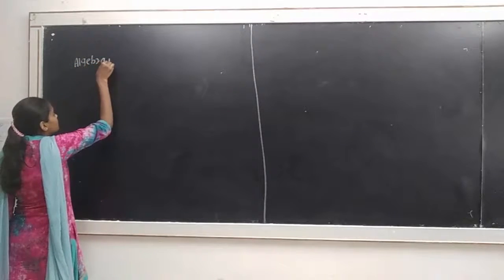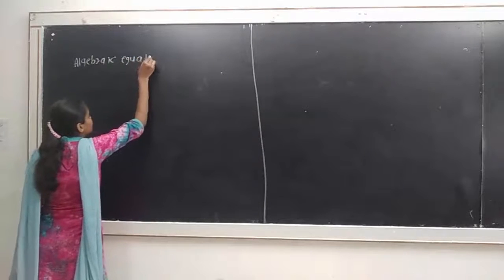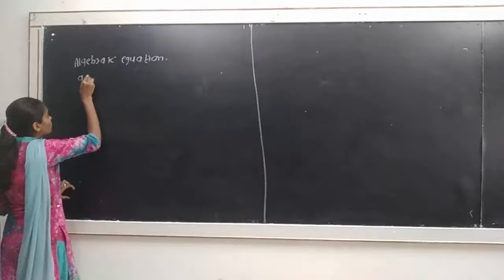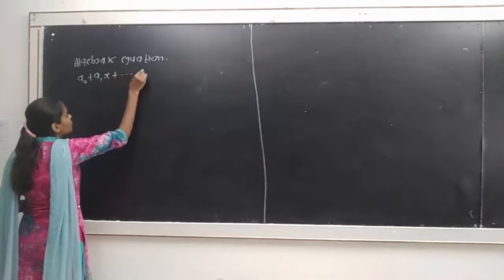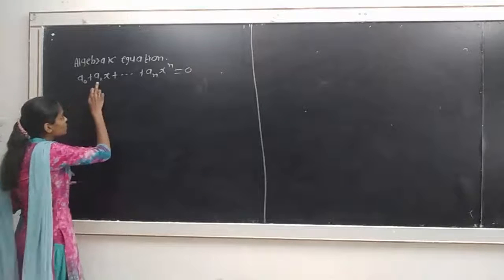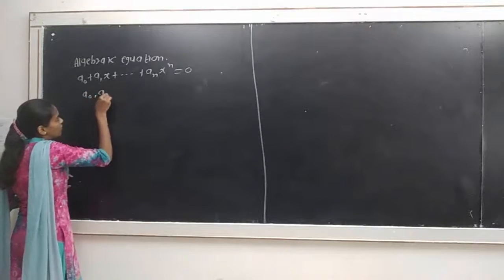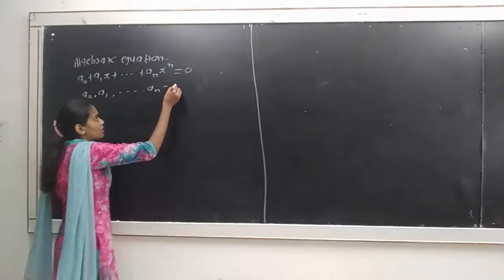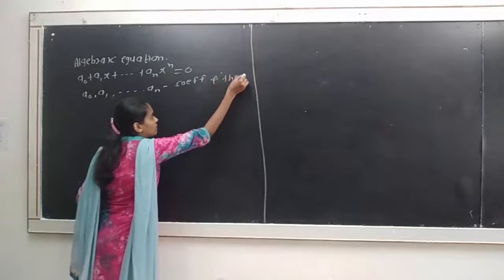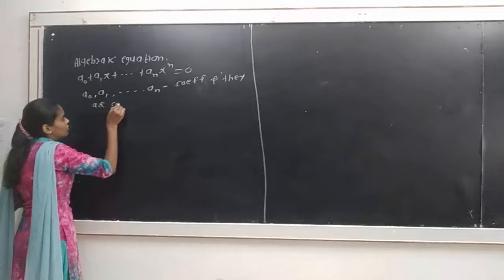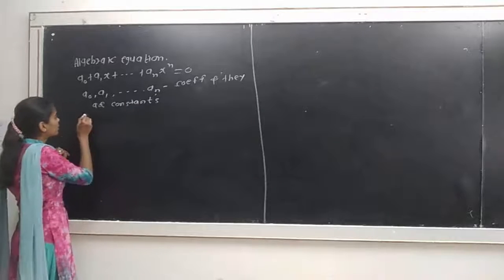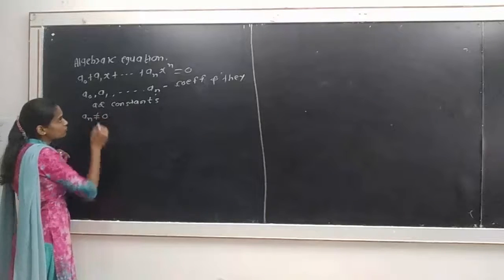Algebraic equation. It is an equation of the form a0 plus a1x plus up to an x raised to n is equal to 0, where a0, a1 up to an are coefficients and they are constants, and here an must be not equal to 0.